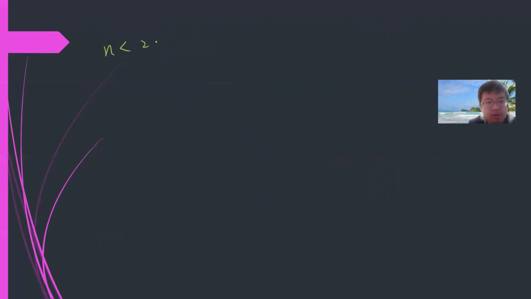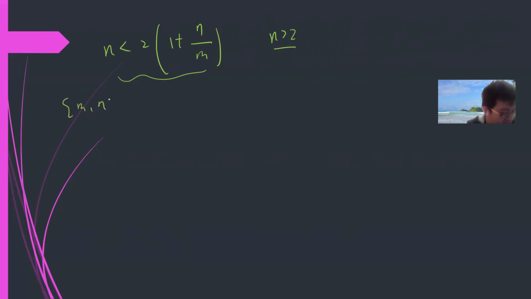Okay, so let's consider this equation. By assuming the ABC conjecture, you can check that when n equals 2, m can be arbitrary, obviously, but I assume that n is greater than 2.